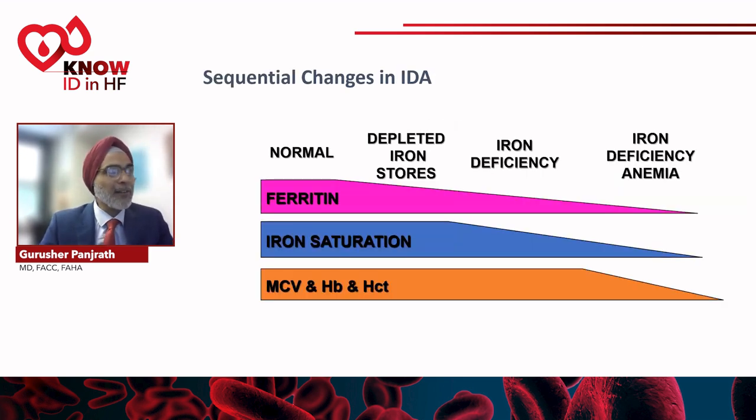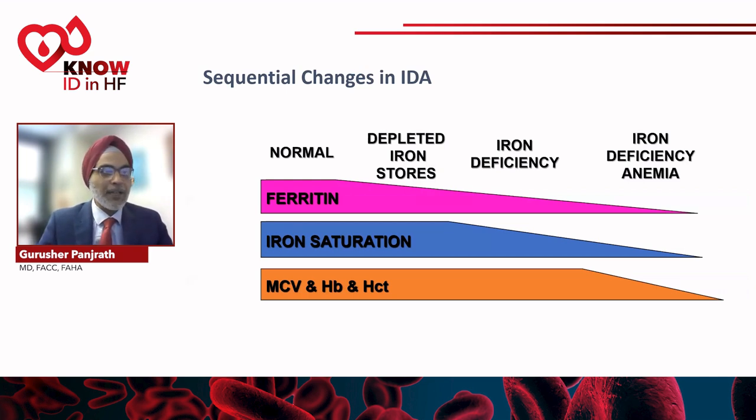Let's look at some of the changes which happen as this condition progresses. As we said, it depends on the stage of anemia setting in. As the condition progresses from iron depletion to deficiency to iron deficiency anemia, the ferritin levels continue to get depleted or reduced.